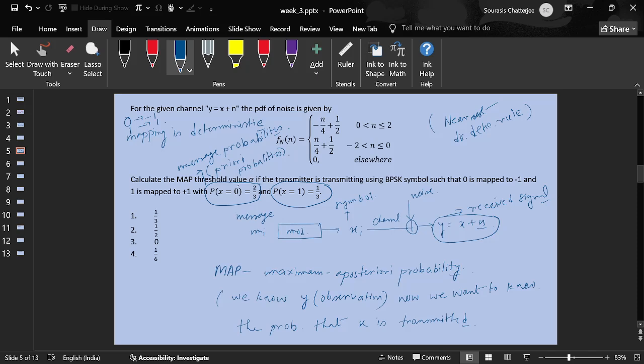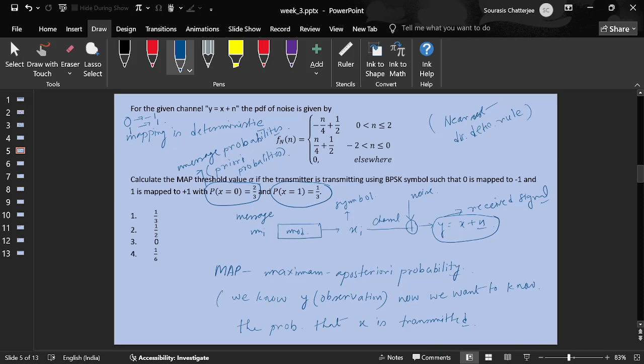Why is it called prior? Because it has nothing to do with our observation Y here. It doesn't really care about the observation. These are a priori probabilities. It has nothing to do with the receiver end. This is purely a property of the transmitter side, with what probability it is transmitting 0 or 1.